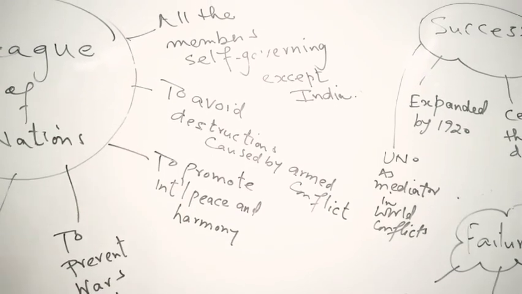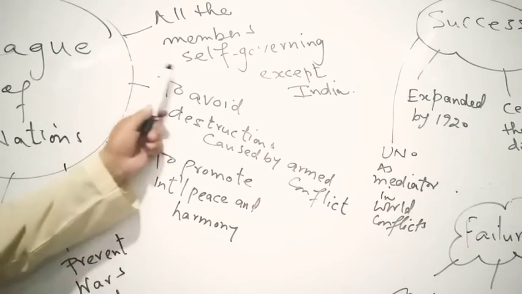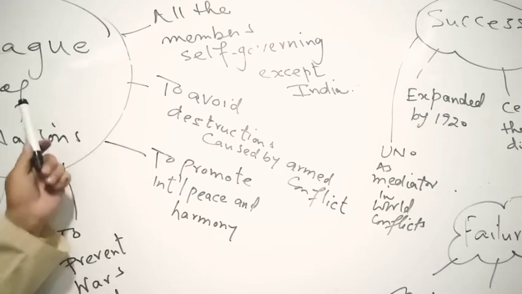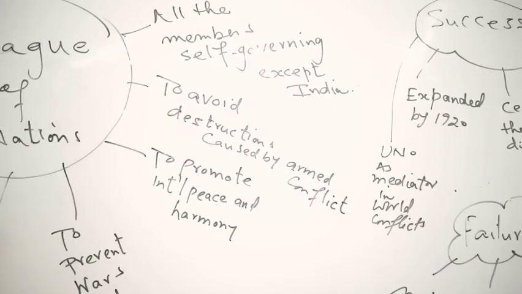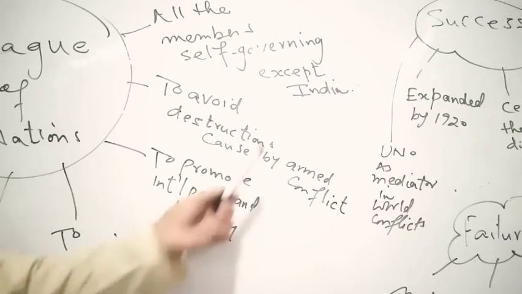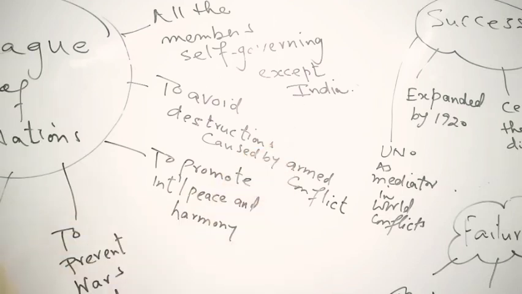Another interesting thing about the League of Nations was that all its members were self-governing nations, meaning free nations of the world, except India. India was taken as an exceptional case because India had a great contribution in World War I to help the allies.